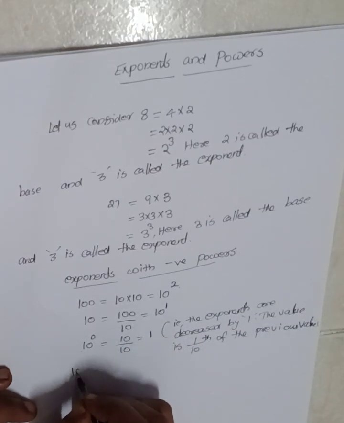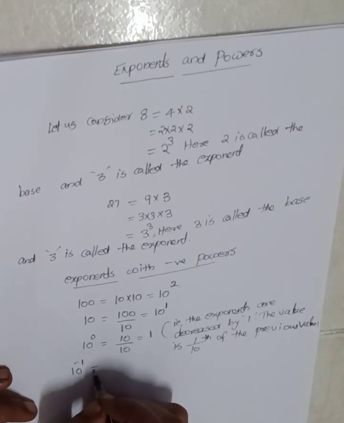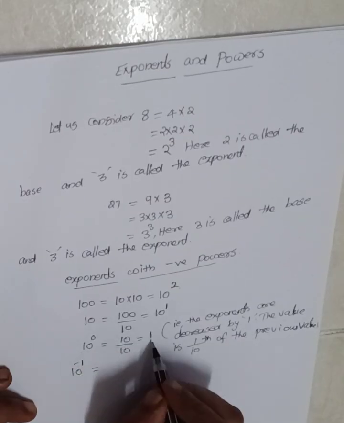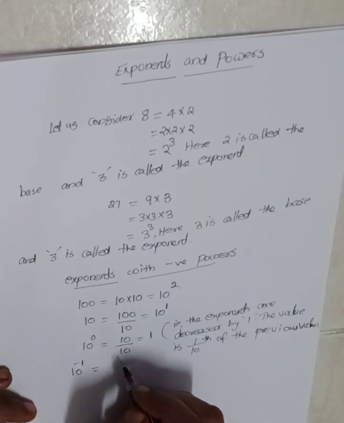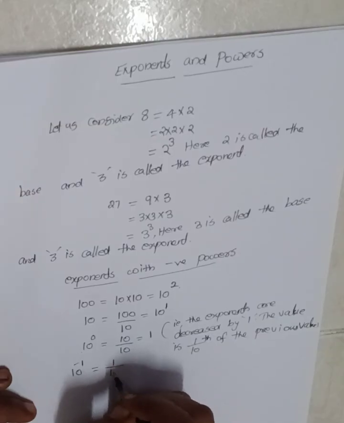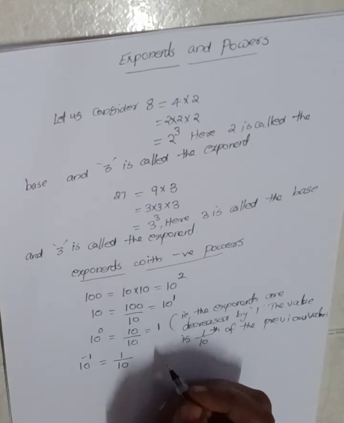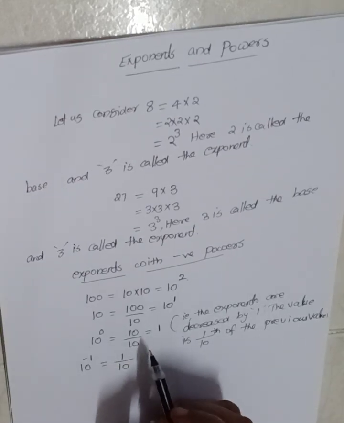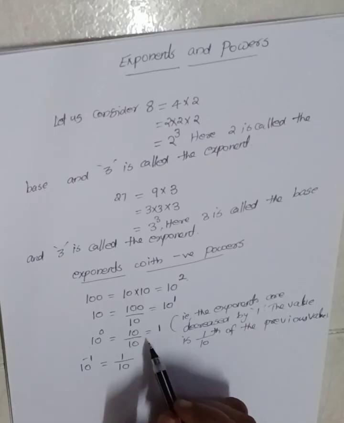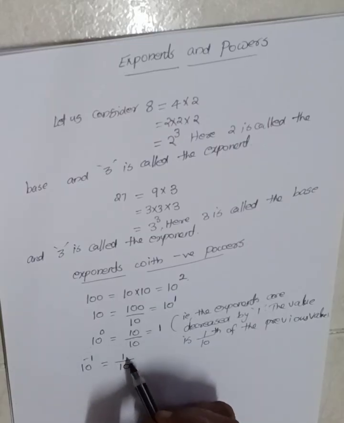Next, we can consider negative power. That is 10 raised to minus 1. Here 10 raised to 0 is equal to 1. Next, we take 1 by 10th of the previous value, that is 1 by 10. Therefore, 10 raised to minus 1 is 1 by 10.